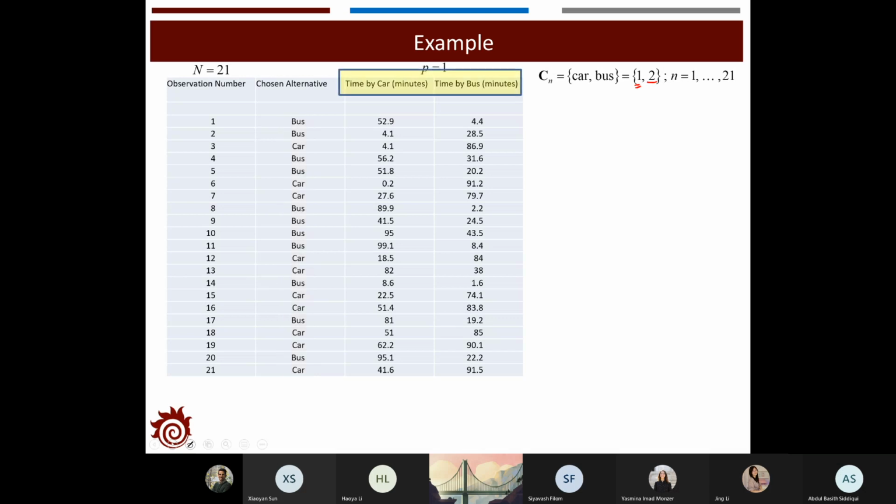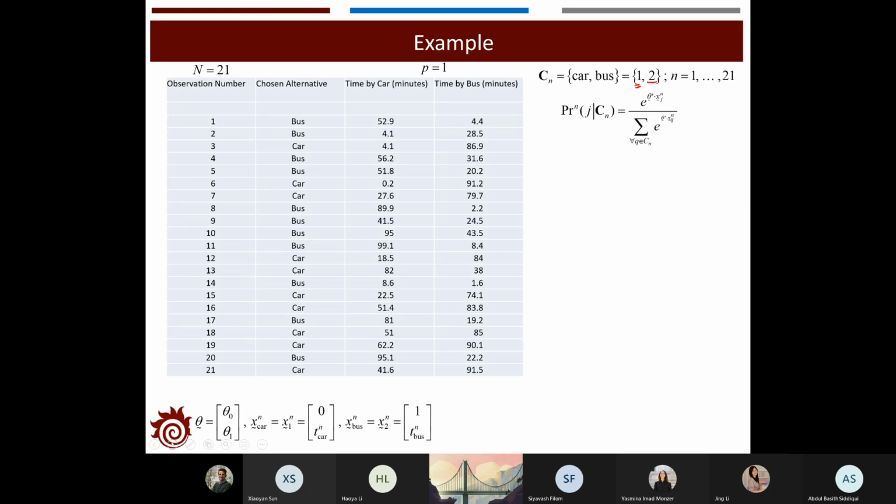Then for both of them, we have the travel time. So we will be provided with the travel time of the car and the travel time of the bus. This means that the first variable we're going to use for the model is travel time, regardless of the mode. That's the one attribute we're going to use: travel time.